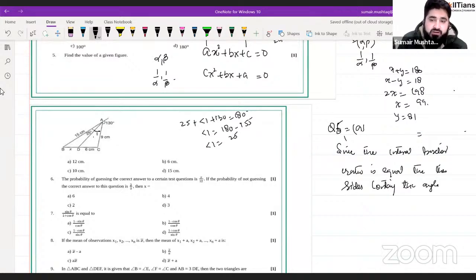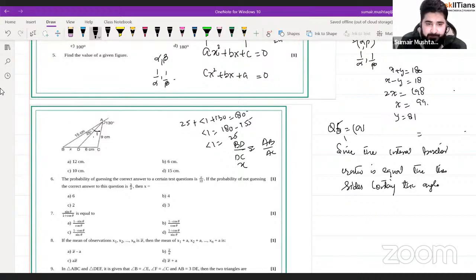This has to be written if it is a 2 marker question. So it divides it into 2 parts. So you can see BD over DC is equal to, what is AD? The 2 sides which are containing angle A, that is AB over AC.